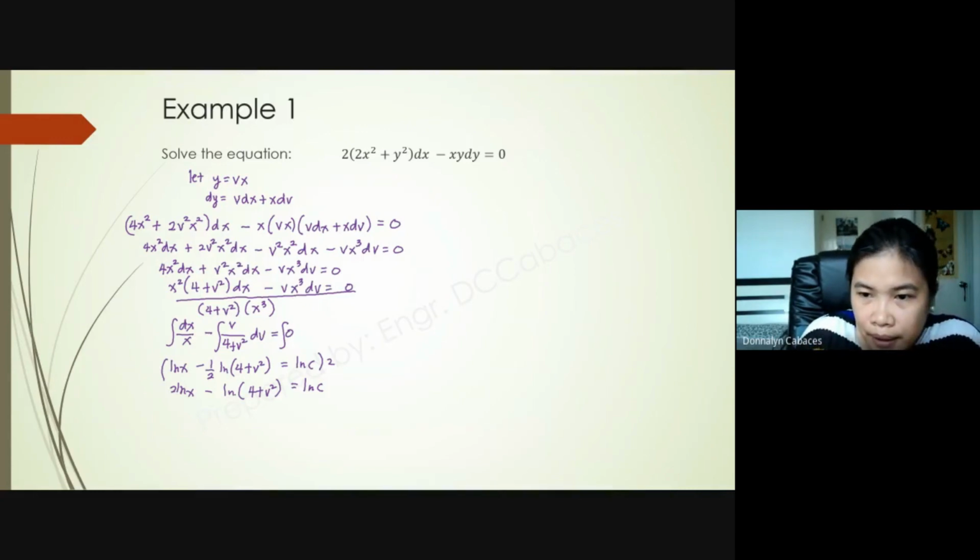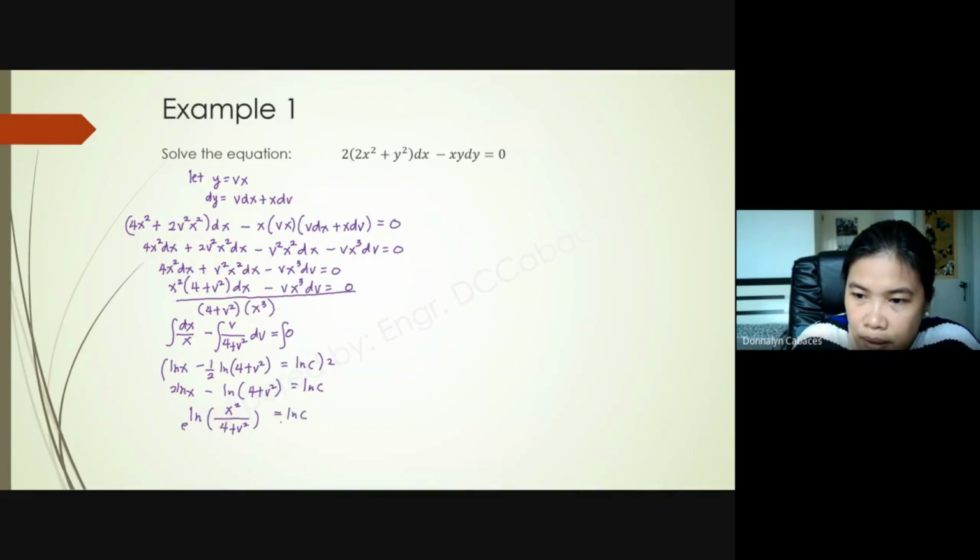And then here we apply the property of natural logarithm. 2 ln x is ln of x squared. And then you have minus here, so that is ln of quotient. ln of x squared over 4 plus v squared is equal to ln of c.